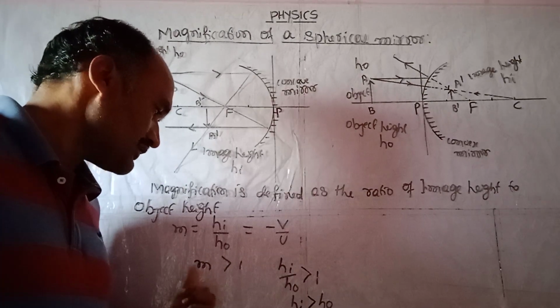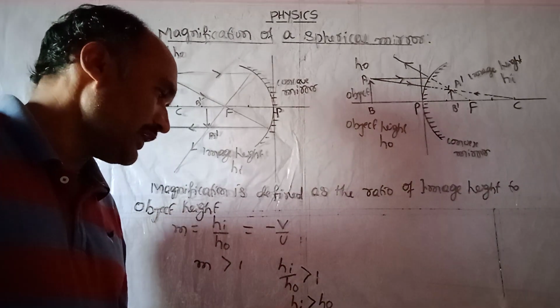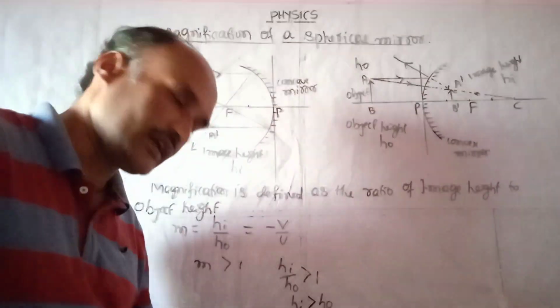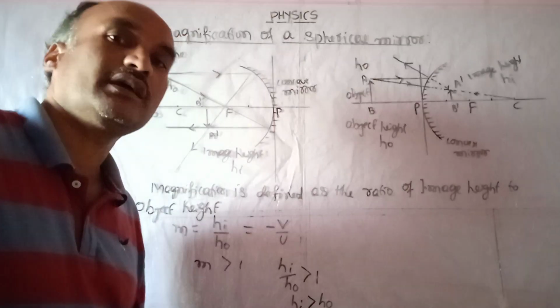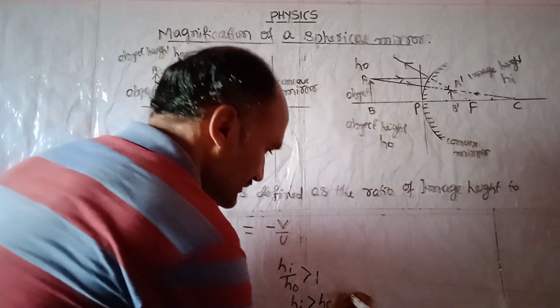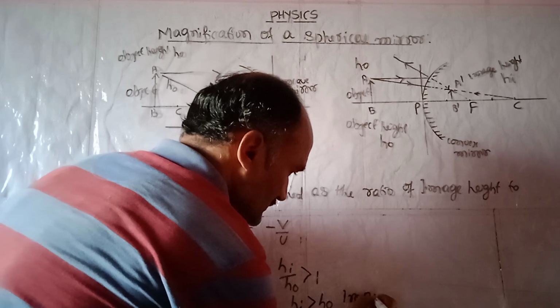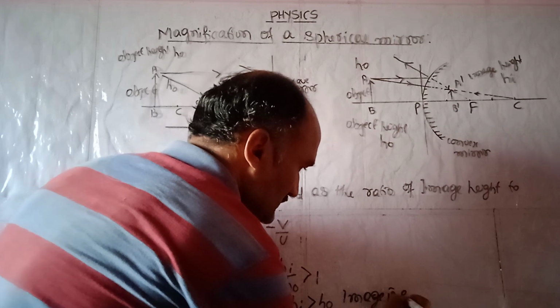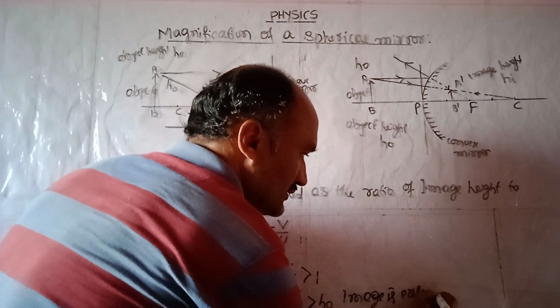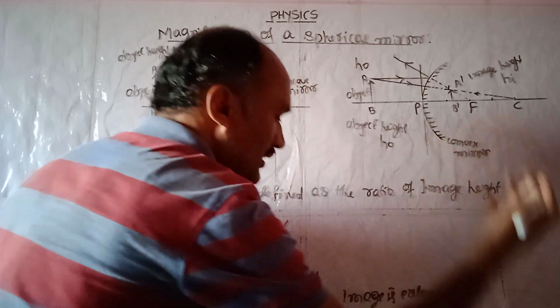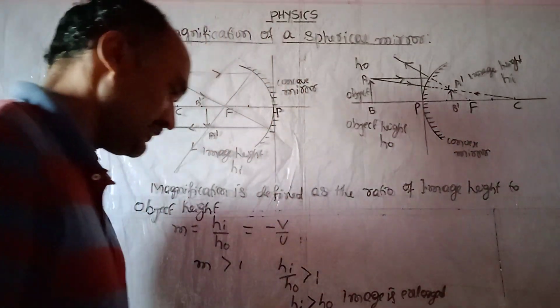When magnification is greater than 1, the image height is greater than the object height, which means the image is enlarged.